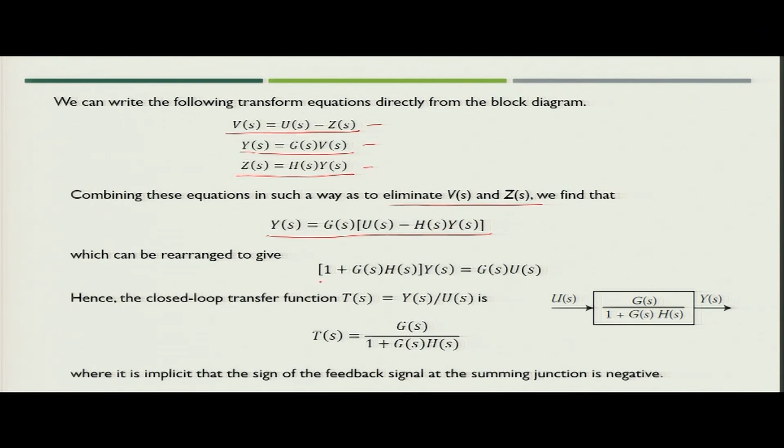Now, if you rearrange, you can write Y(s) into 1 plus G(s) H(s) equal to G(s) into U(s). So, the closed loop transfer function T(s), that is the transfer function of the complete system, will be Y(s) upon U(s). So, when you put the value of Y(s) and U(s), you get the transfer function T(s) as G(s) upon 1 plus G(s) H(s).